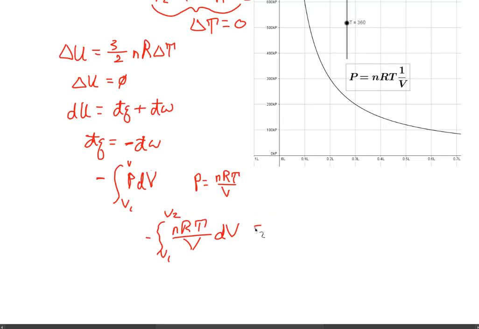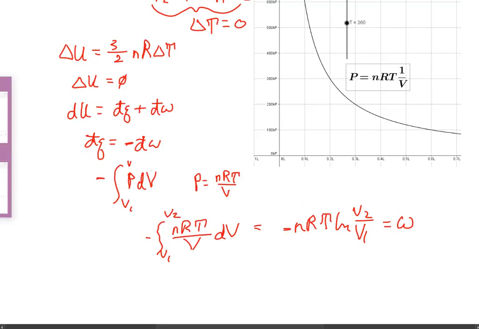And this is going to be an integral we recognize, so we'll pull the constant out, nRT, and we'll go ahead and write log V2 over V1, and that's the answer to that integral, so that's the work. Now, notice we have a negative sign in front of work for the heat, and so if V2 is less than V1, this log term is going to be negative. A negative of a negative is going to be positive. And so when we do compression work, we're going to get a positive.